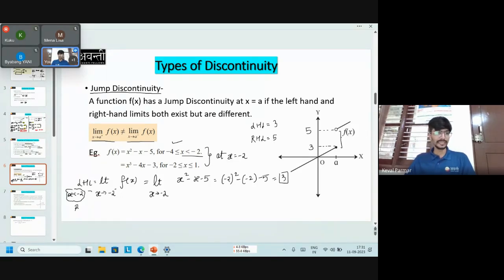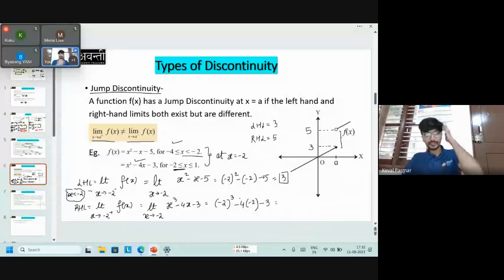Now let us calculate the right hand limit. The right hand limit is limit x tends to -2 plus, which means x is greater than -2, so we'll use this definition: x cubed minus 4x minus 3. No indeterminate form, use direct substitution. So (-2) cubed minus 4 into -2 minus 3.